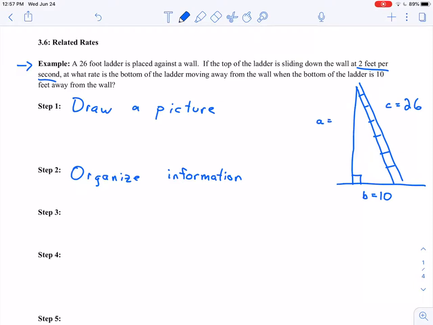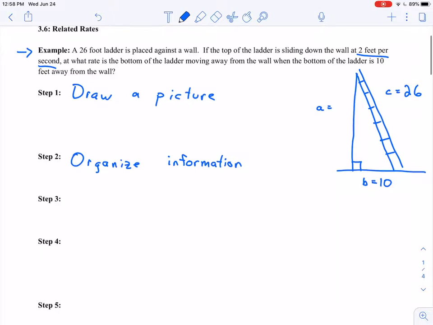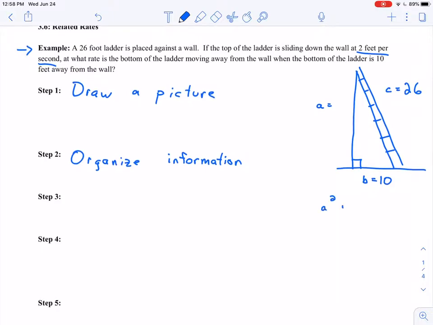And I don't know A, but we could figure that out just using the Pythagorean Theorem, right? I just said earlier, I've got a right triangle, makes me think about a squared plus b squared equals c squared. Let's go and find A really quickly. If I have a squared plus b squared, that's going to be 10 squared is equal to c squared, that's 26 squared. So I have a squared plus 100 is equal to 676, which means a squared is 576.